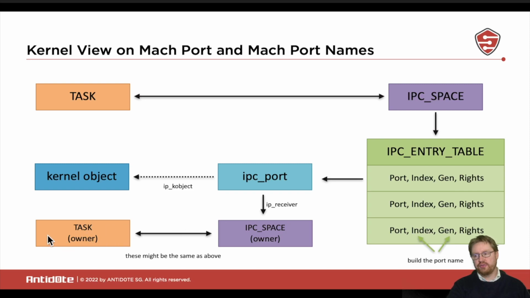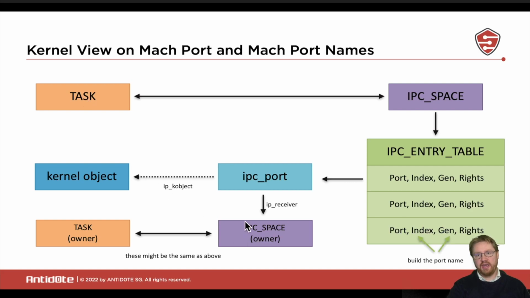So this points to the task who is the owner of this port. This could be, for example, the kernel task. This could be any other task, but it could also be the actual task that we are currently dealing with, because the port could actually be owned by this task.